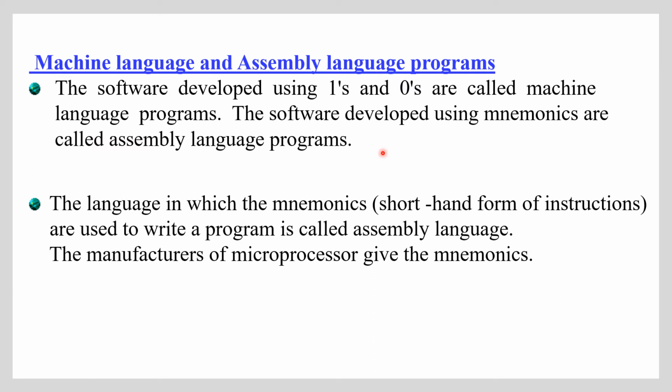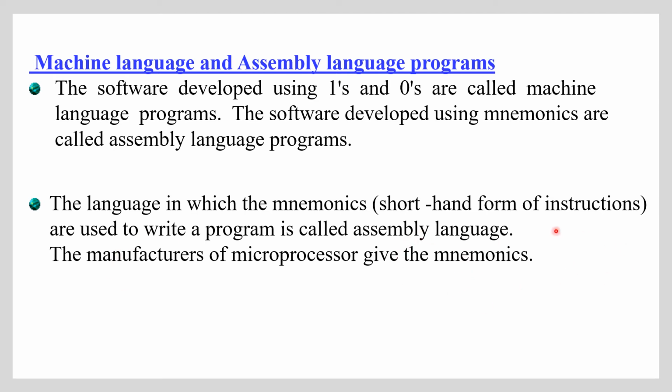You will come to know once we start the programming. The language in which mnemonics, the shorthand form or short form of instructions, are used to write the program is called assembly language. The manufacturer of the microprocessor gives the mnemonics.